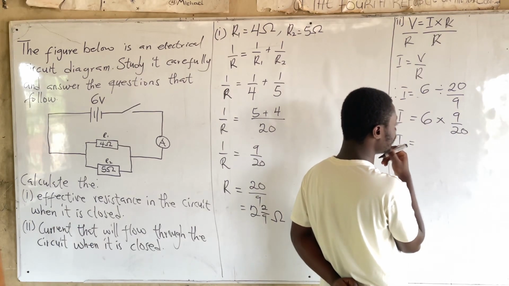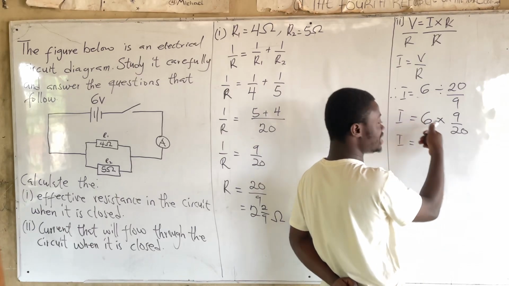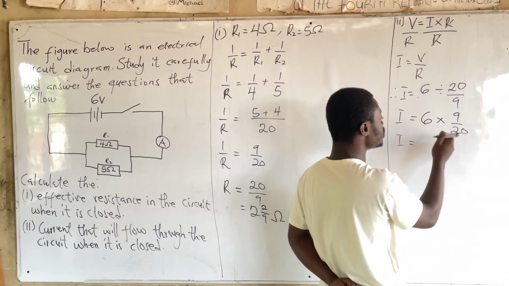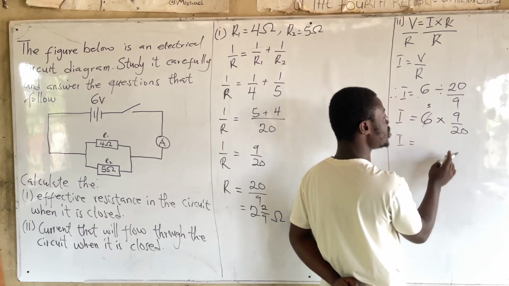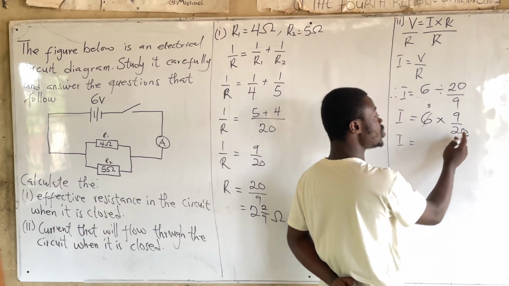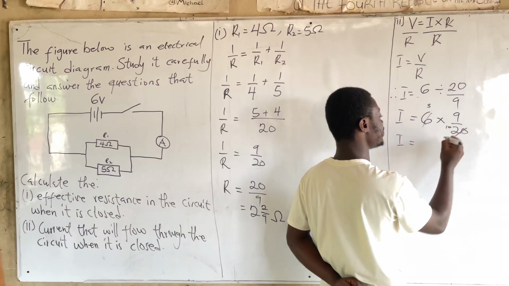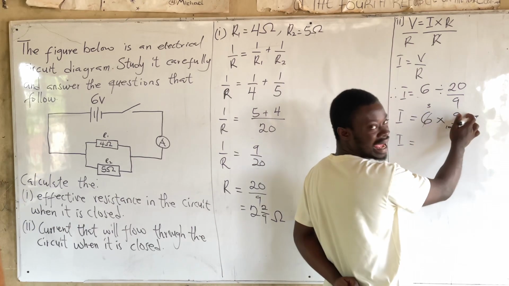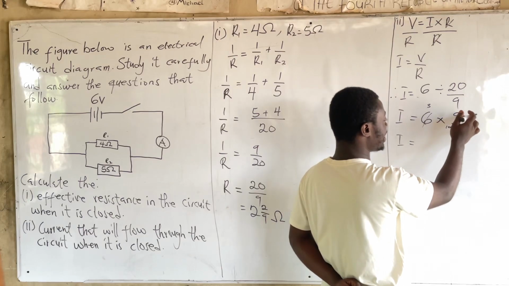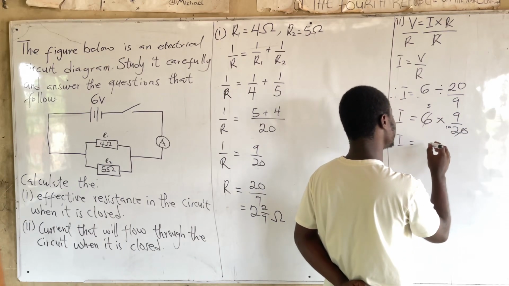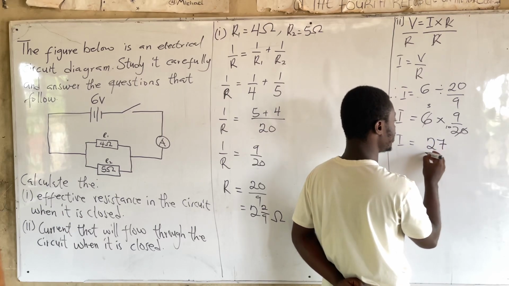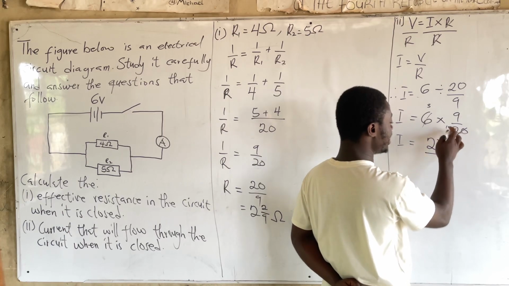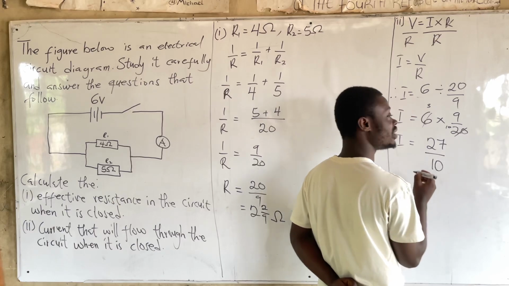We know that 2 can go into 6 and at the same time goes into 20. So 2 goes into 6 3 times, and 2 goes into 20 10 times. We get 3 times 9, which is 27, so 27 over 10, or 27 out of 10.